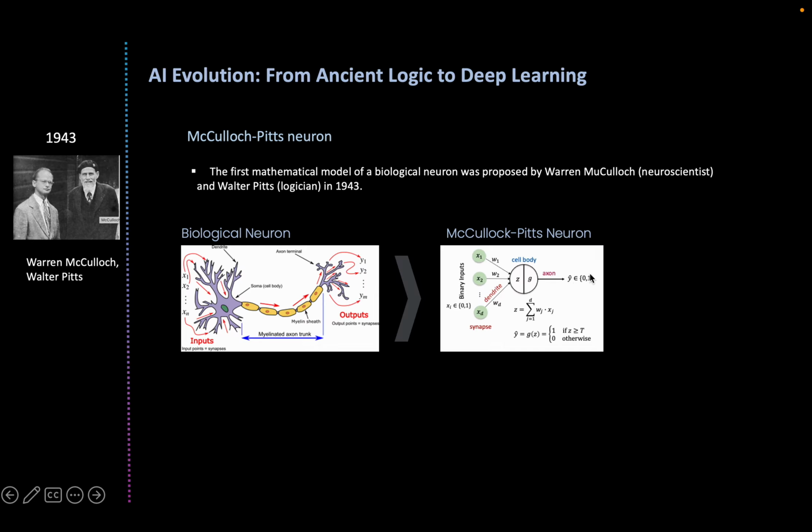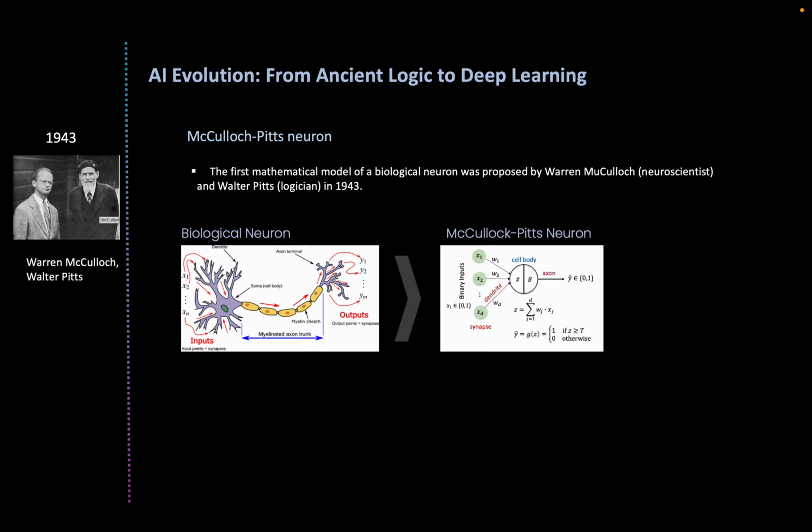When it fires, it outputs 1. When it is not greater than the threshold T, then it does not fire, that means the output becomes 0. So, this is a simplified concept of the mechanical neuron.